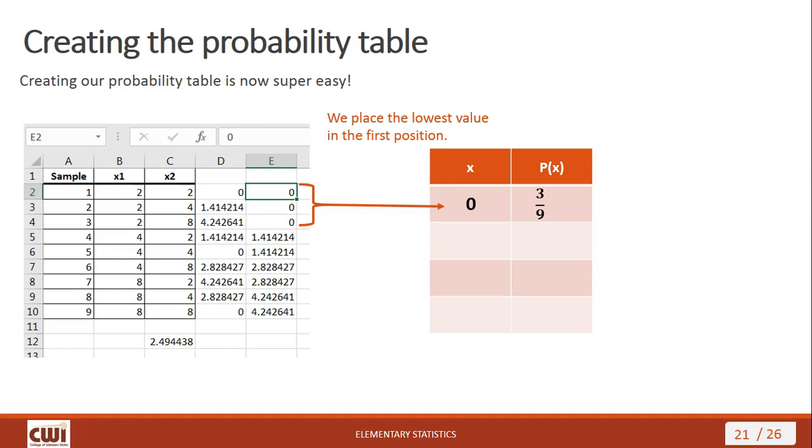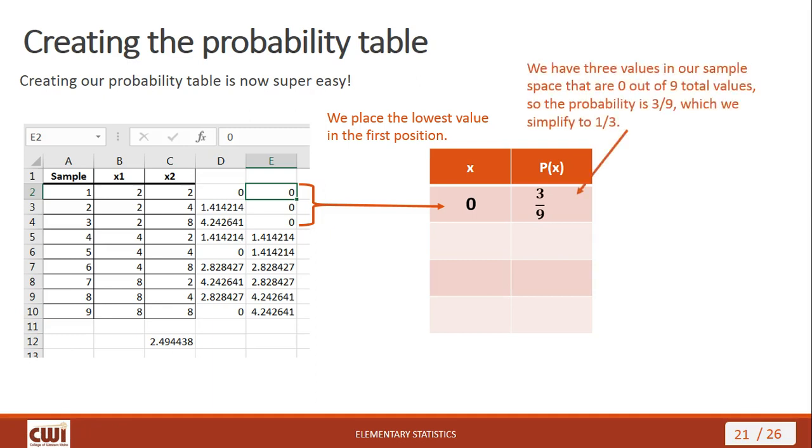Why 3 over 9? Well, because we have 3 zeros and there's 9 numbers total. So 3 out of 9. 3 is the part, 9 is the whole, so the probability, part over whole, will be 3 over 9, which we can simplify to be 1 over 3. So 1/3 is the value that goes here.